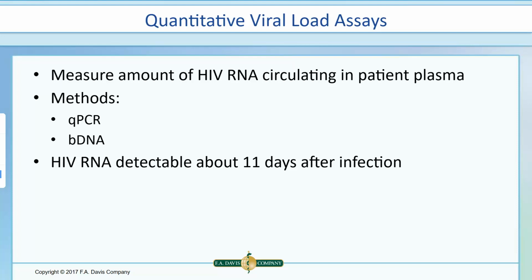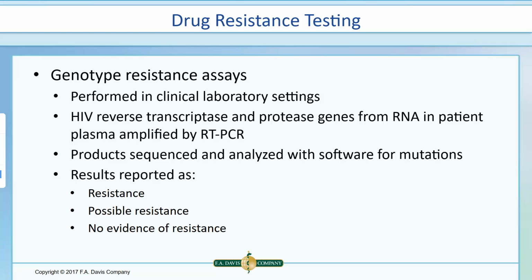Quantitative viral load assays are done using molecular methods. HIV RNA is detectable about 11 days after infection. Genotype resistance assays are performed in clinical laboratory settings. HIV reverse transcriptase and protease genes from the RNA in the patient plasma are amplified by real-time PCR.